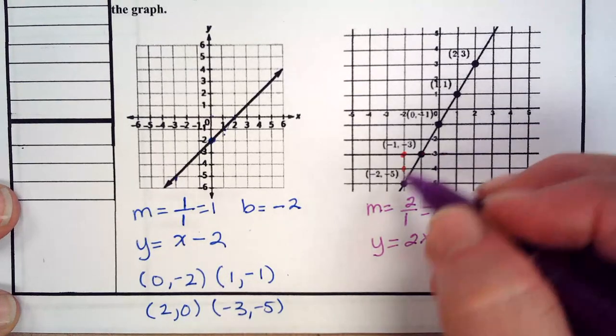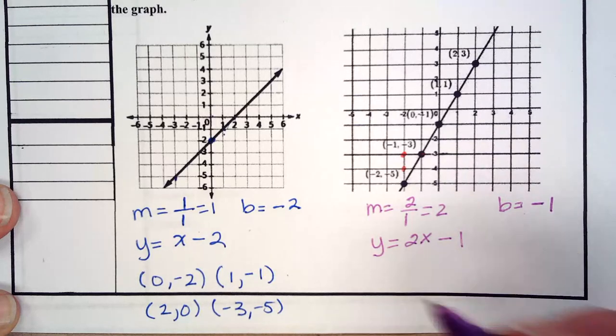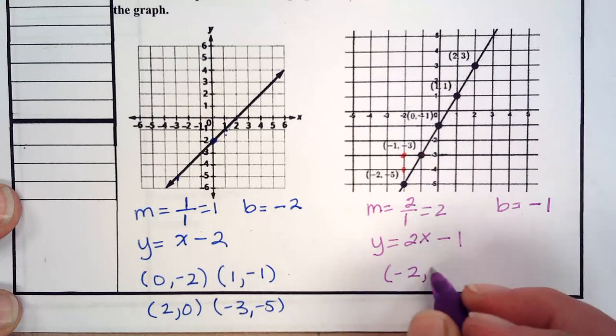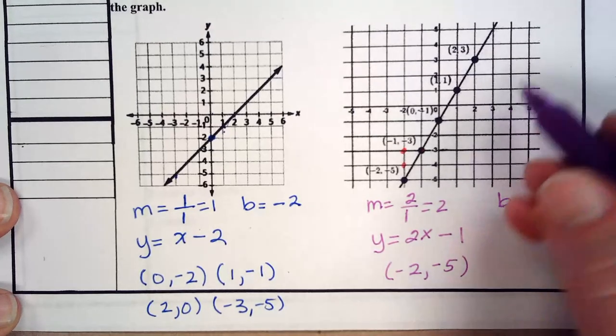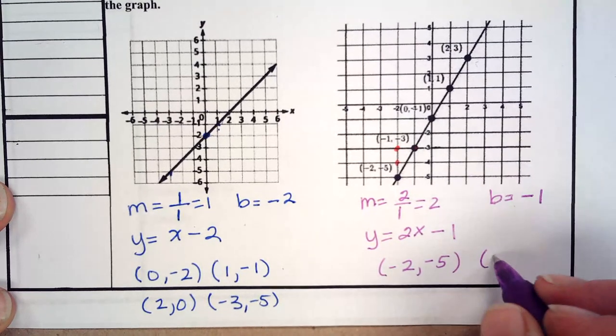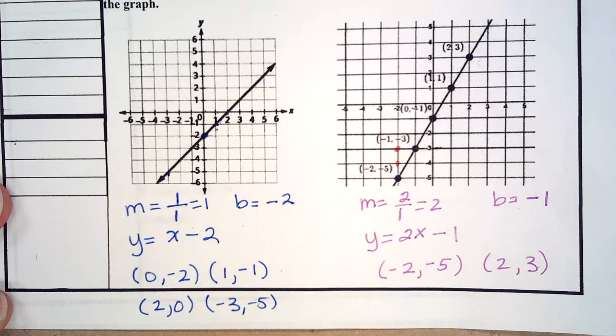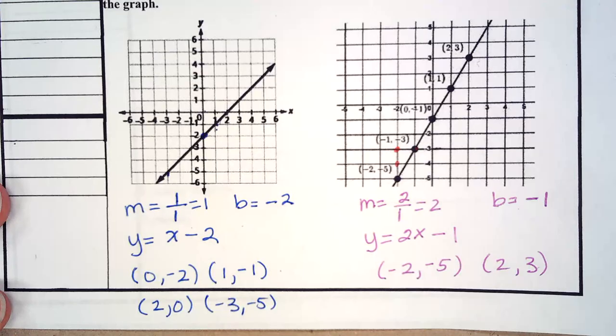I've got all these points identified for me, so I can just pick any two. I'm going to choose -2, -5. And let's go up here, 2, 3. So there are a lot there you can pick from. Just pick 2 and write them down.